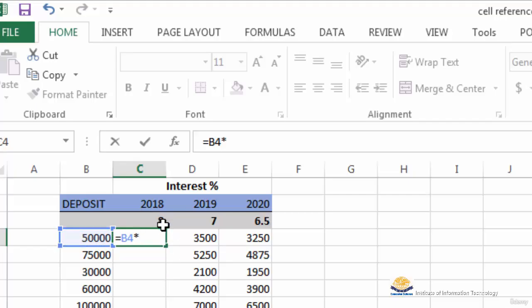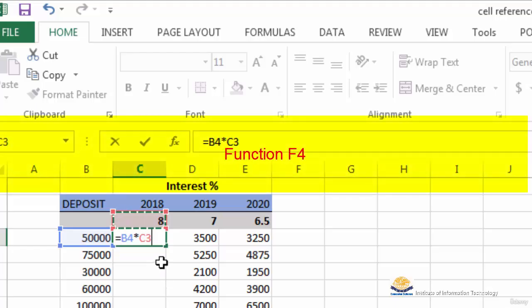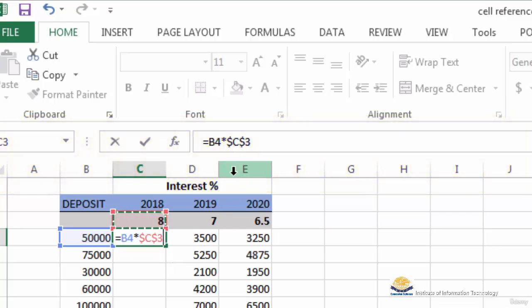Then the interest percentage, here 8. We can see C3 in the formula bar. Then press function key F4. Okay. The dollar symbol is added to the cell reference C3.